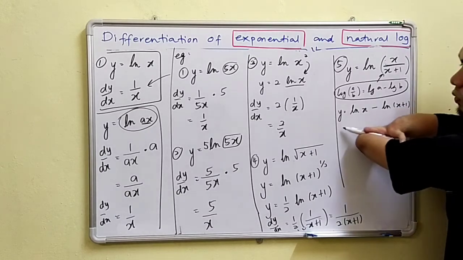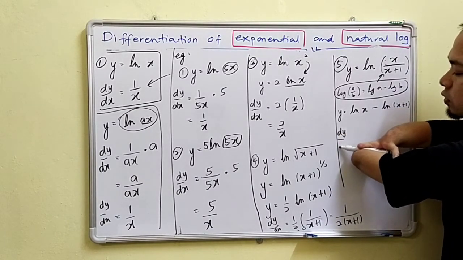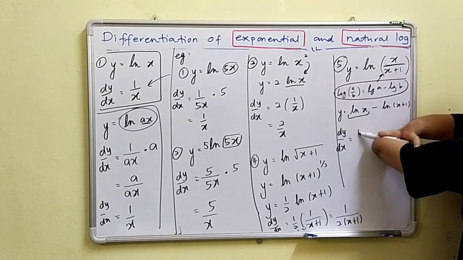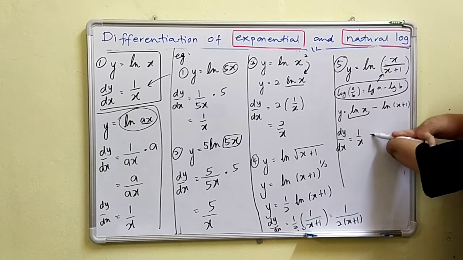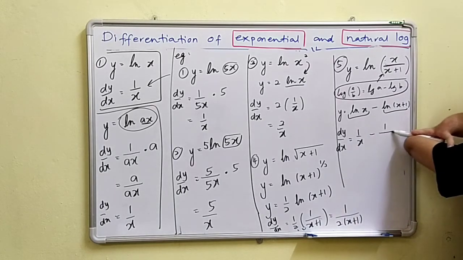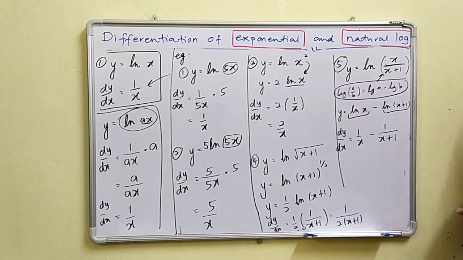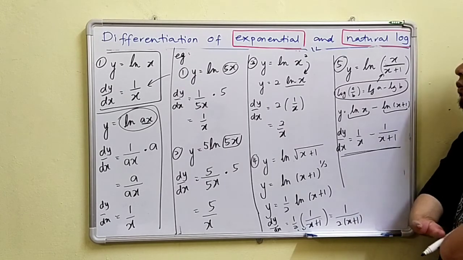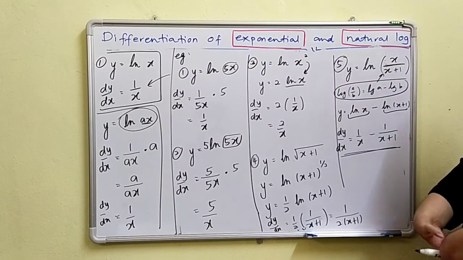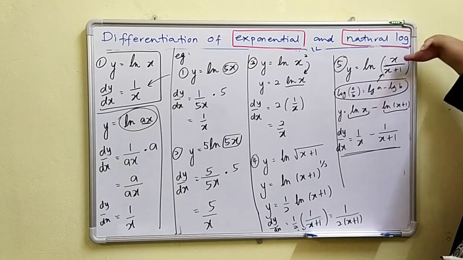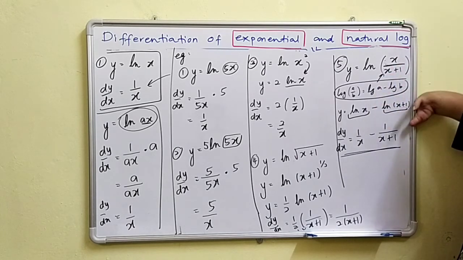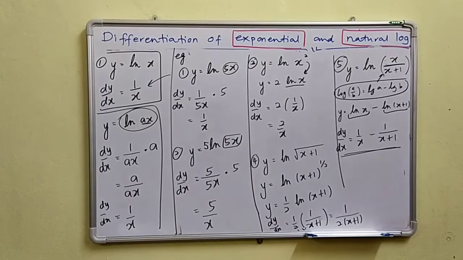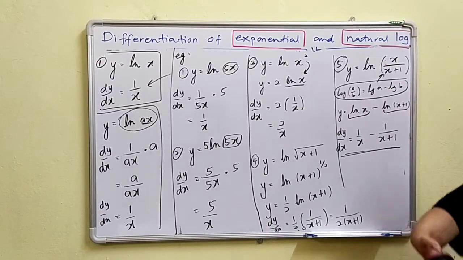Start from here, you can do the differentiation, dy over dx, part by part. The first part, ln x becomes 1 over x, minus the second part, 1 over x plus 1. So this is your final answer, dy over dx. So always remember, for natural log, apply the properties of log first before you find the dy over dx.